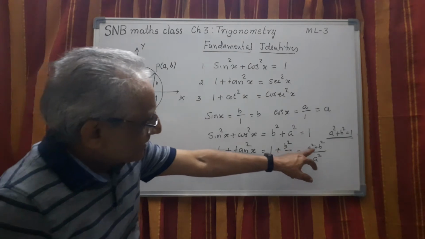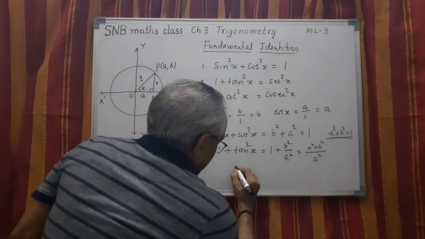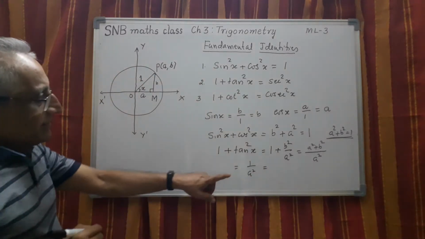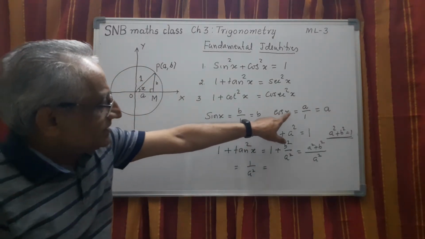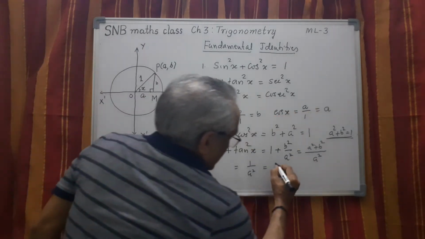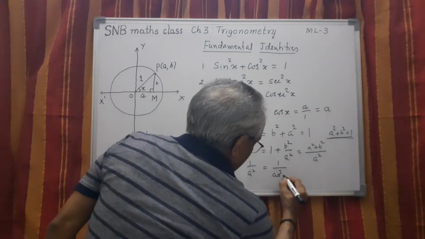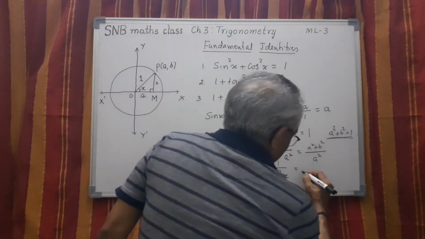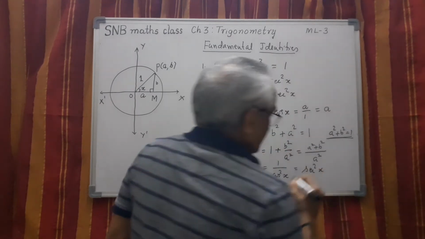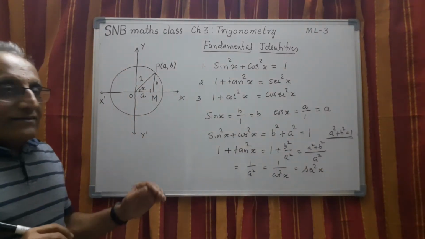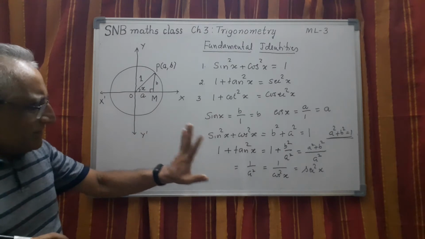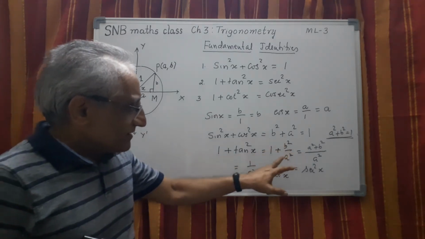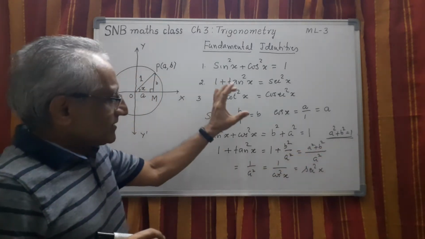Once again, a square plus b square is 1. Therefore, we can write it as 1 by a square. But what is 1 by a square? You can see here, a is cos. Therefore, it is 1 by cos square x. But what is 1 by cos square x? It is secant square x. So this is the proof. Same way, you can try this one. Same method, 1 plus cot square you have to take, where cot square is a square by b square. Take the LCM, simplify, you get the proof.